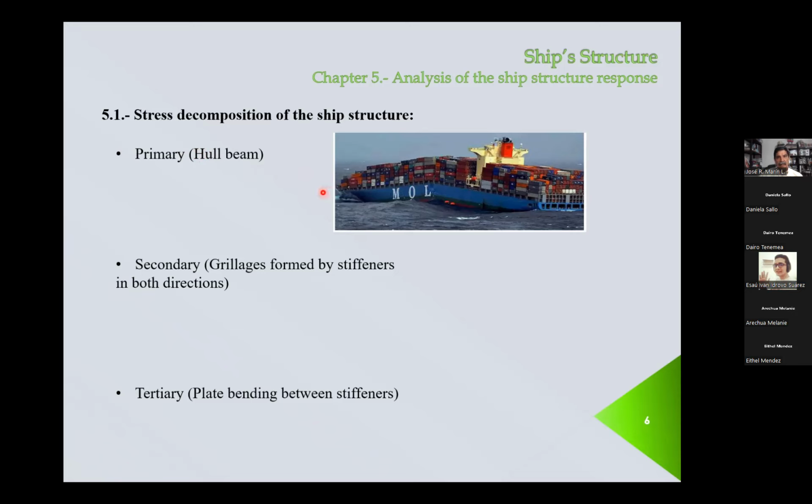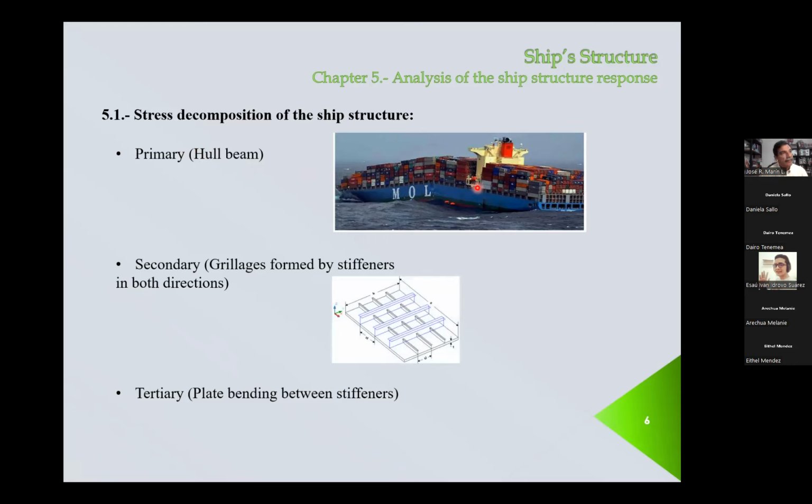For example, here you see immediately that about here, you have the largest bending moment. And in this case, probably because of corrosion, fatigue, there are some cracks, and they reduce the longitudinal strength of the ship. And eventually, these accidents happen.